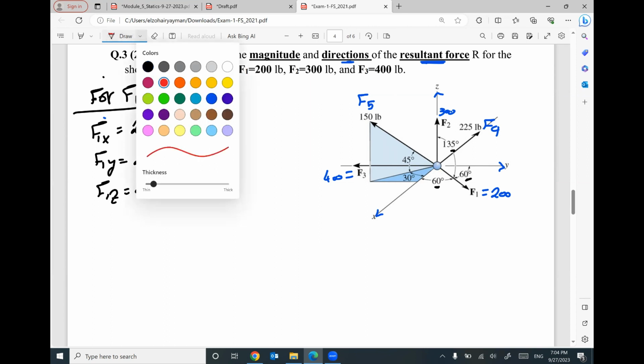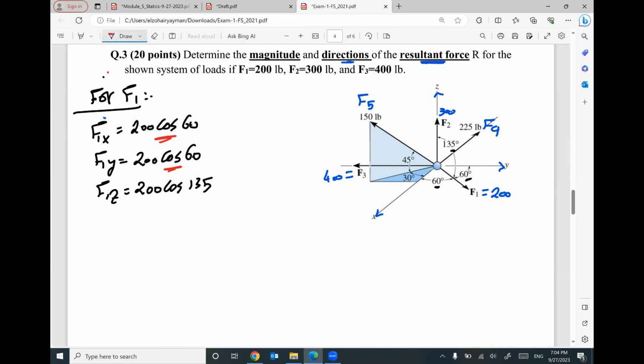This is angle alpha, this is angle beta, this is angle gamma. So I can find the 3 components for F1. 200 times cosine 60 gives me positive 100. This one is positive 100 also. This one, 200 times cosine 135, gives me negative 141.4.